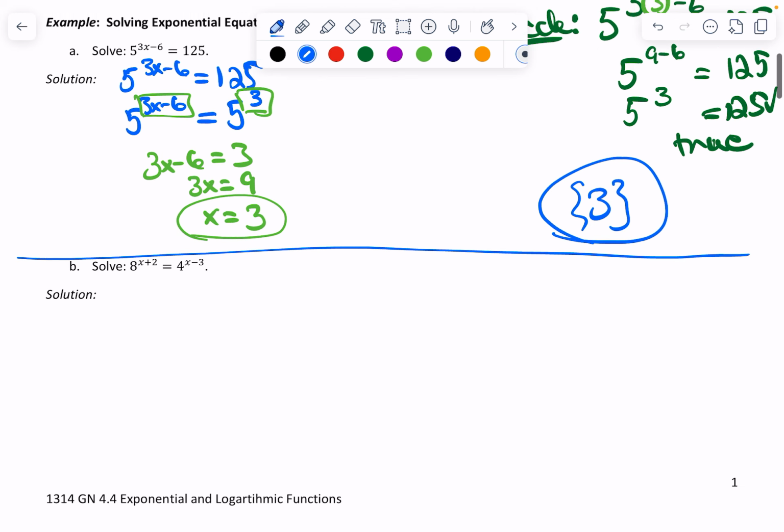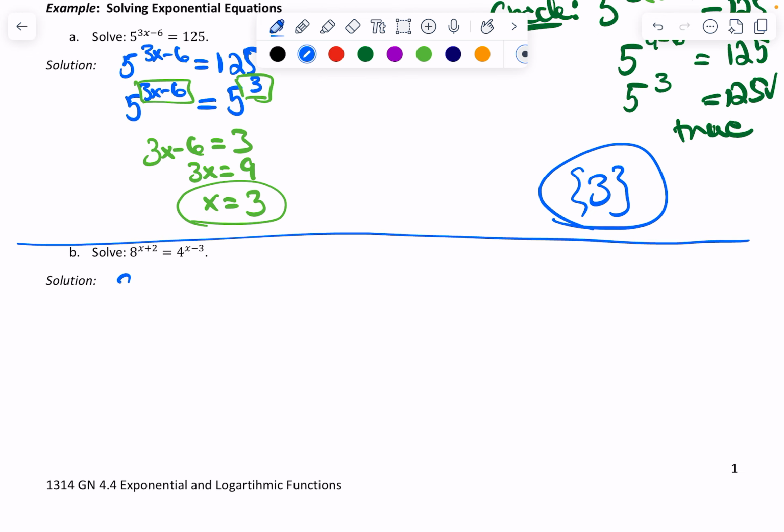Okay, let's look at the next one here. So we have 8 to the power of x plus 2 equals 4 to the power of x minus 3. All right, so again, we need the same bases, of course.